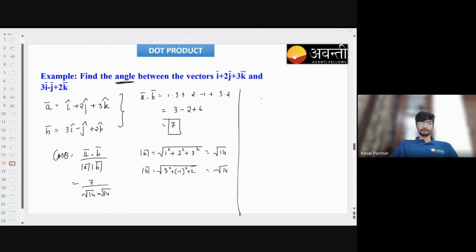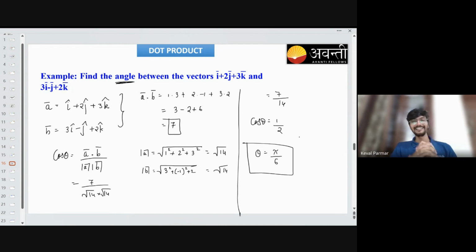It is 7 upon 14. That means cos theta equals half. This means theta equals pi by 6 or 30 degrees. Correct, guys? I hope it is clear. Let's move to the next question.